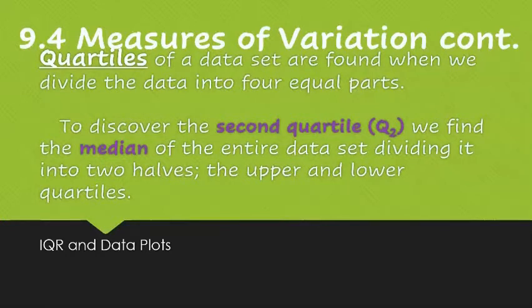When we look at a full set of data, we can easily discover the second quartile, which we will abbreviate as Q2, by finding the median of the entire data set. When we divide it into 2 halves, we have an upper half and a lower half, which will be our upper and lower quartiles.